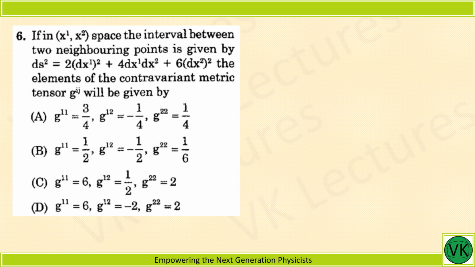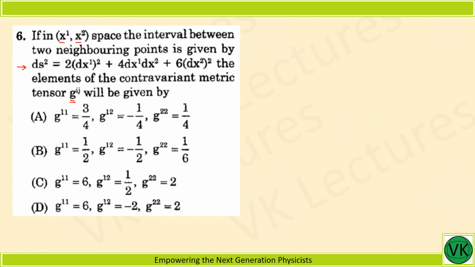Here we have a space x1 x2 and we are asked to find the contravariant metric tensor Gij through this distance ds².